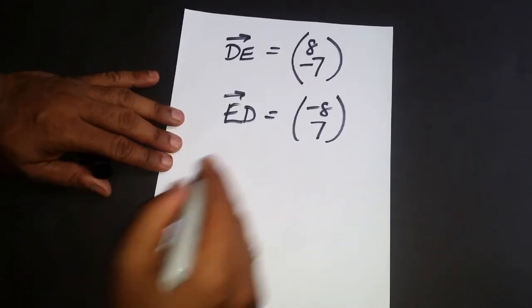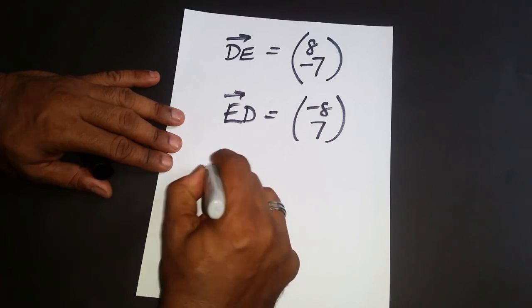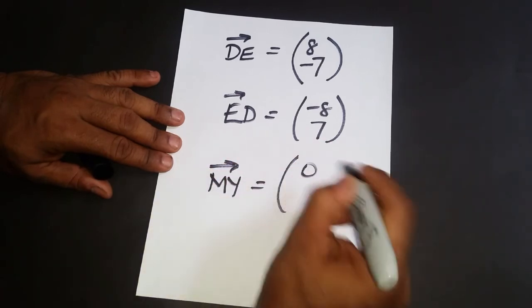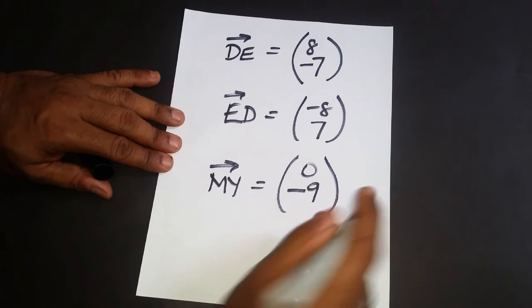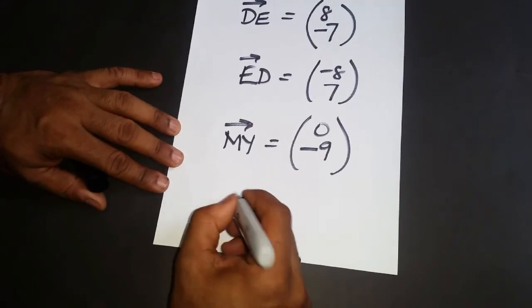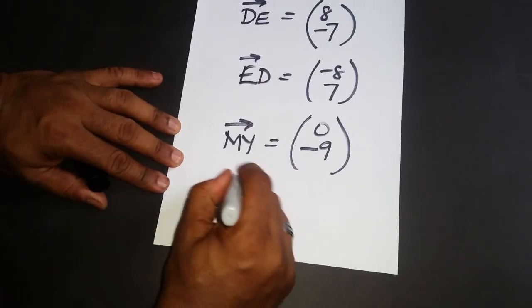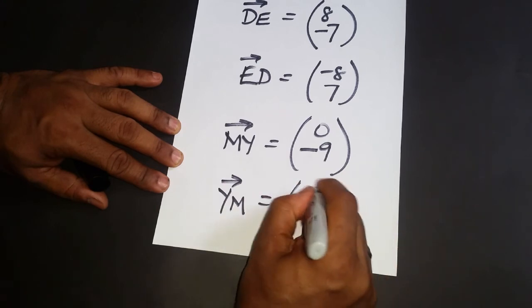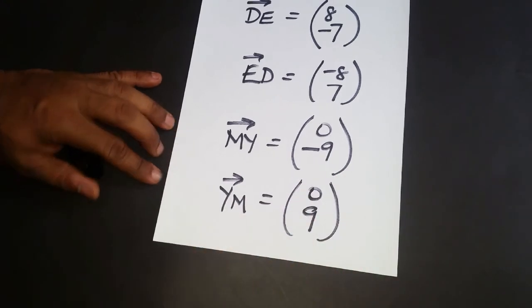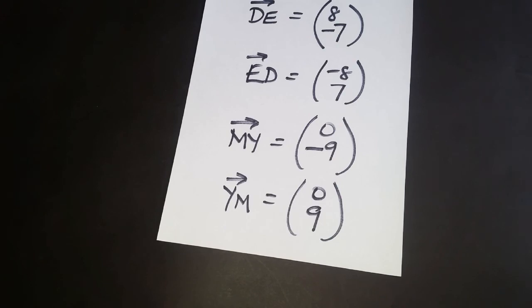Okay? If I have a vector called MY, which is 0 and minus 9, if I reverse this vector, I should get YM, and that should be 0, positive 9. Alright? So when you reverse a vector, the signs change.